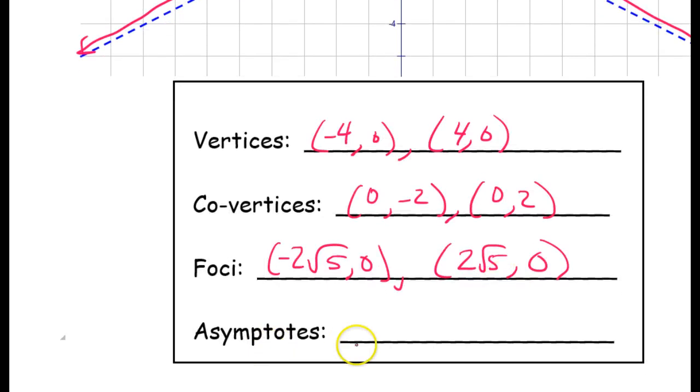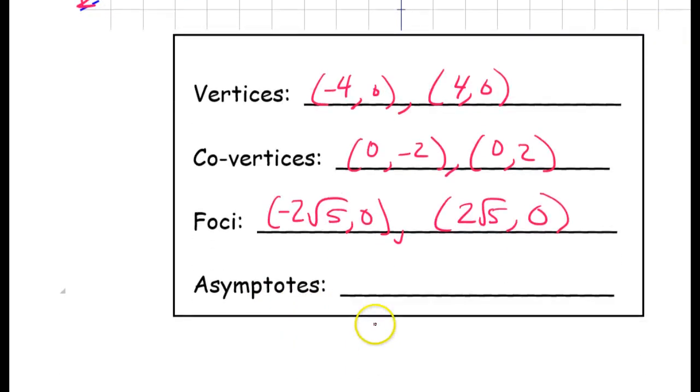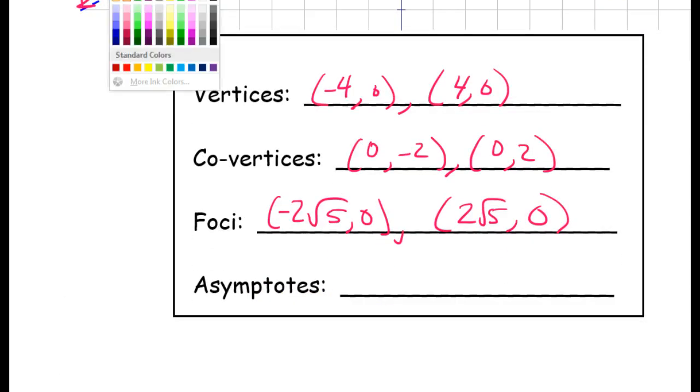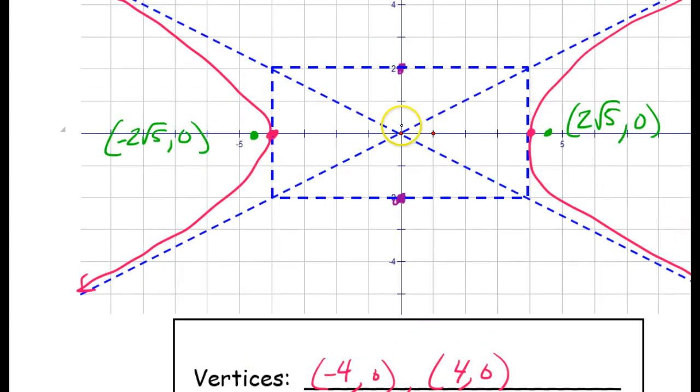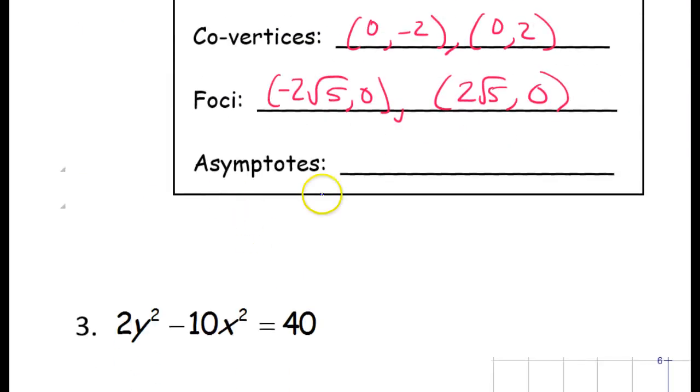All right, now let's talk about the asymptotes. You can always find the asymptotes using the point-slope form equation of a line. If you choose the center as the point, because the center is the one point that's on both lines. So here's a model that will always give you the asymptotes.